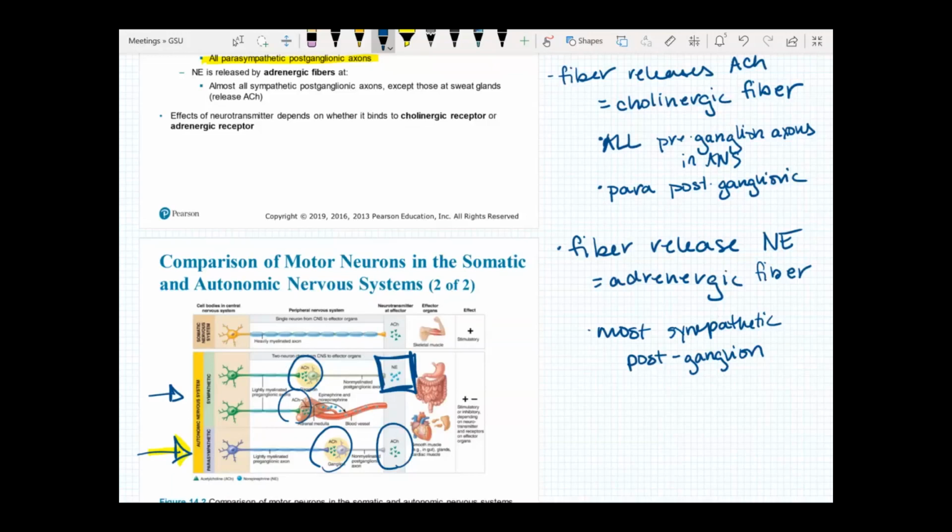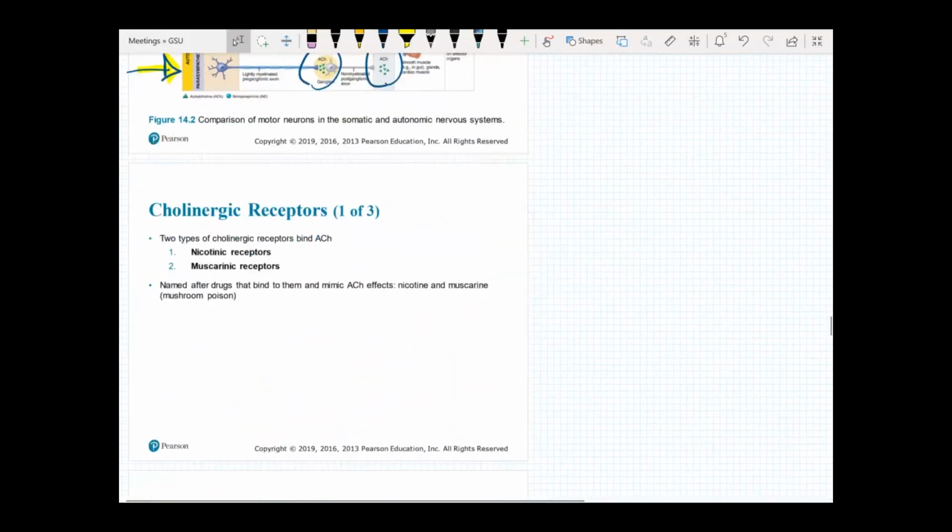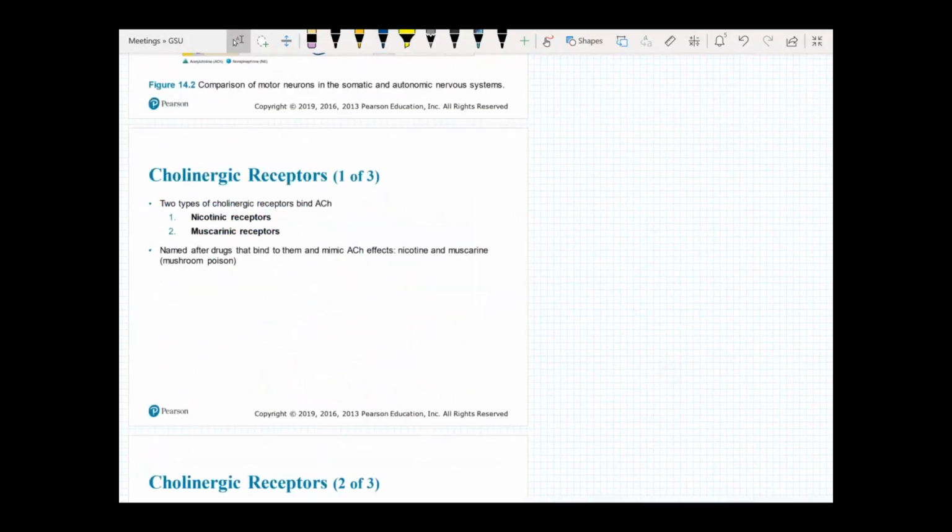So our cholinergic fiber, to start with: the cholinergic preganglionic cell releases ACH. But then on the postganglionic, there's going to be the receptor. The cholinergic receptor is on the postganglionic cell that is receiving this information.